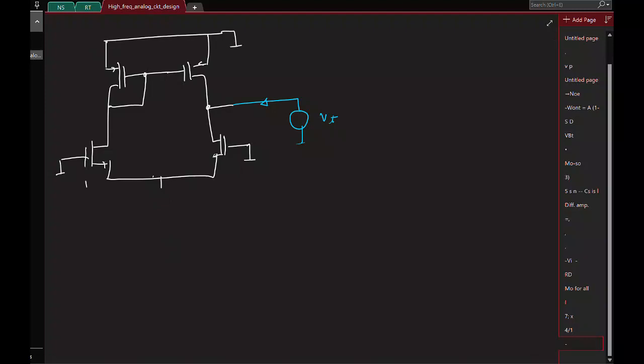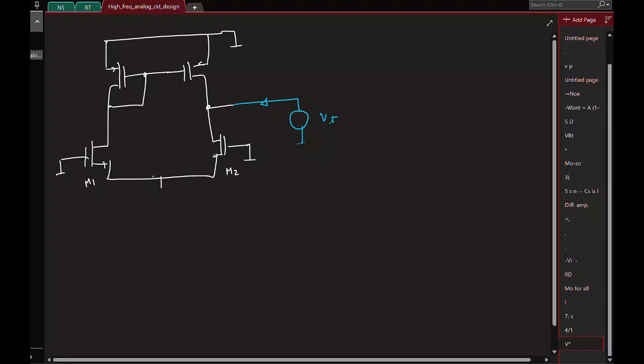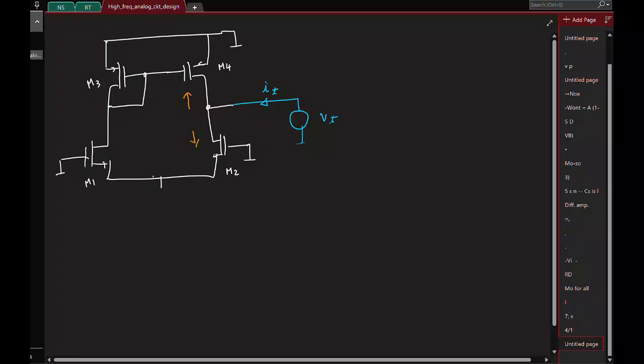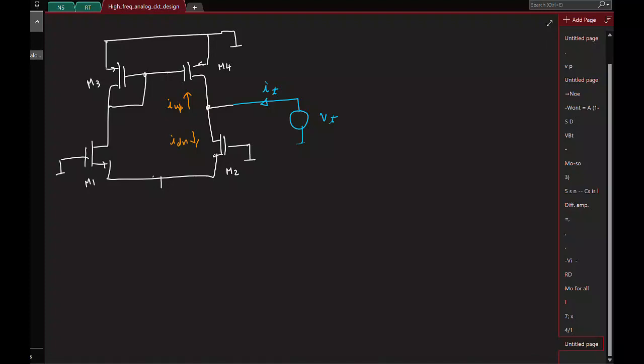I'll quickly mark the transistors like this. If this is the test current Itest, notice that it has two paths to flow, one up and one down. I call them Iup and Idown. So the test current IT is basically Iup plus Idown.